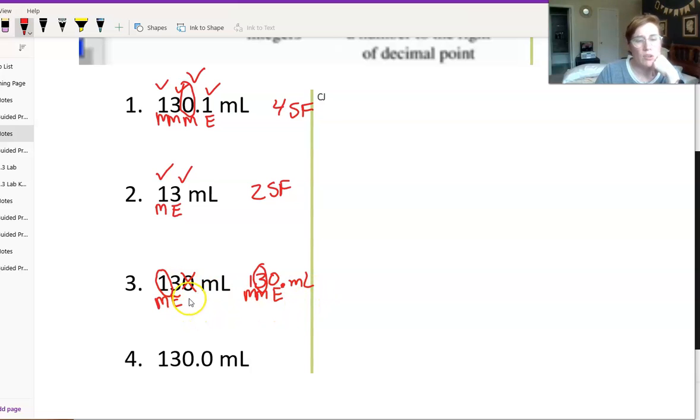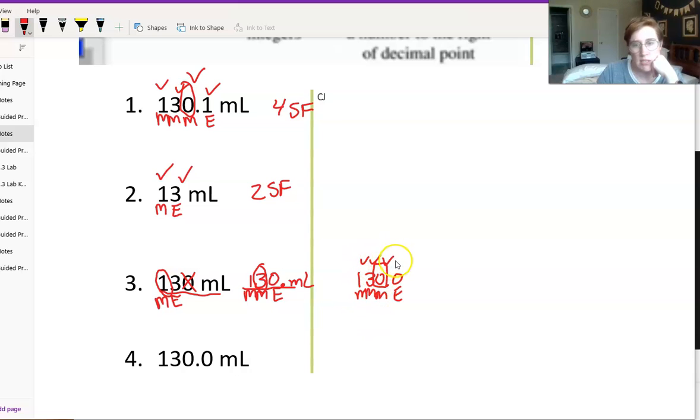So whenever you're measuring, if you were measuring by hundreds, this would be what your number would look like. If you were measuring by tens, this is what your number would look like. Okay. If you were measuring by ones, your number would look like this, because this would be your estimated. This would be your measured number, measuring by ones. And then these are also obviously measured numbers.